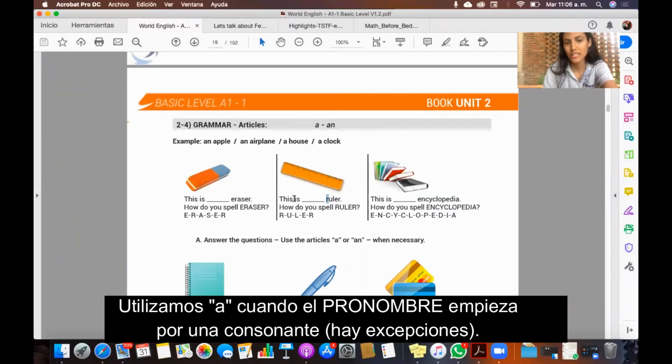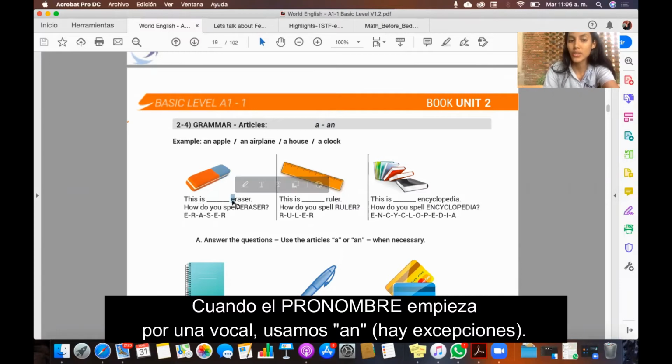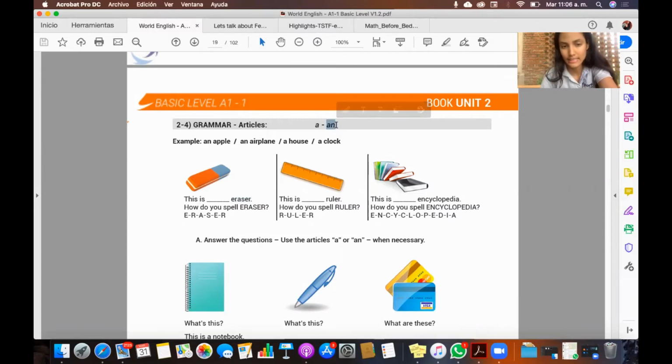Okay, so this is a ruler. Cuando el nombre empieza por vocal, como en este caso, eraser, then we use an, with N. So this is an eraser.